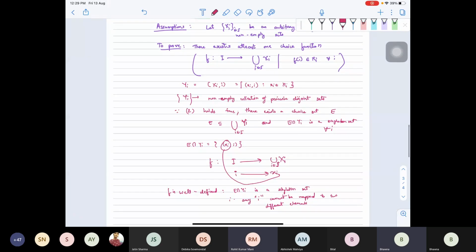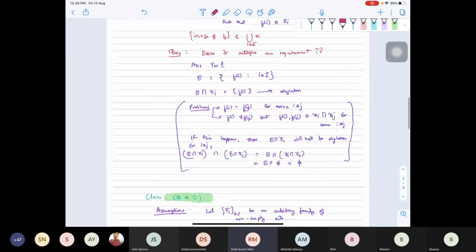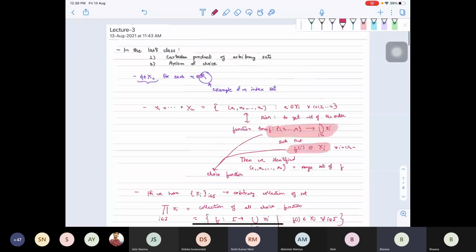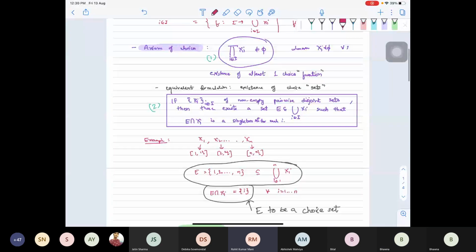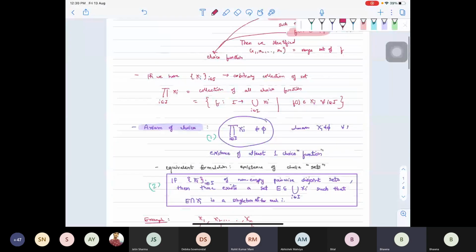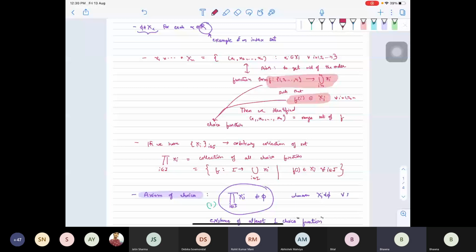Ma'am, there was a doubt from this part in the previous class also. The question is, ma'am, if F is mapping to Xi, then how is it Fi going to map? See, F is a mapping from I to the union of Xi, with Fi in Xi.